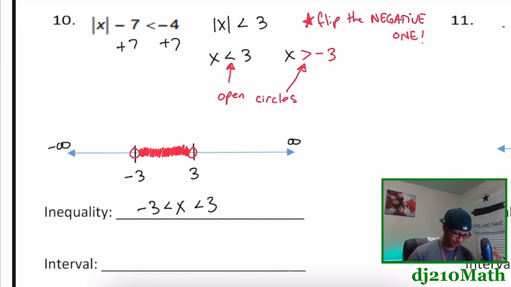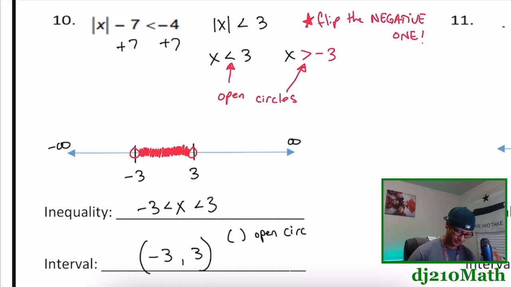Strictly less than. And the interval, just the same. Negative 3 to 3. And they both get parentheses because it's an open circle. Right? Parentheses for open circle. All right, and we just do that again.